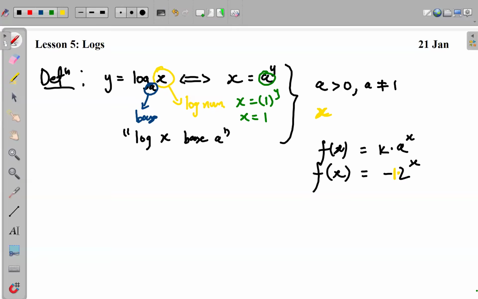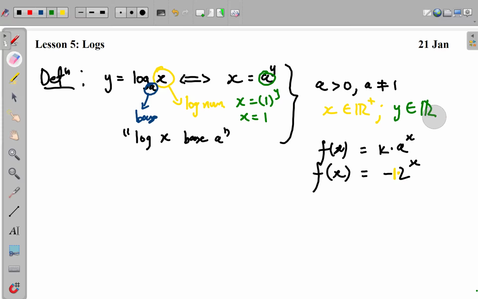If you try to press a log of a negative number, the calculator will tell you it doesn't know what you're talking about. So x can be any real number as long as it is positive. On the other hand, the value of y can be really any number. It can be positive, it can be negative. We will accept that.